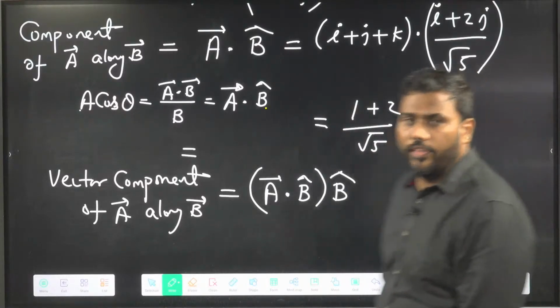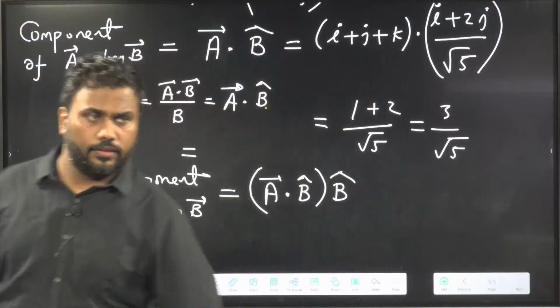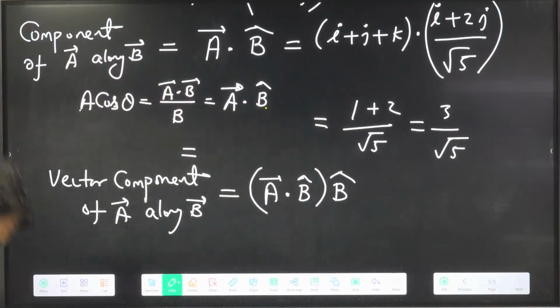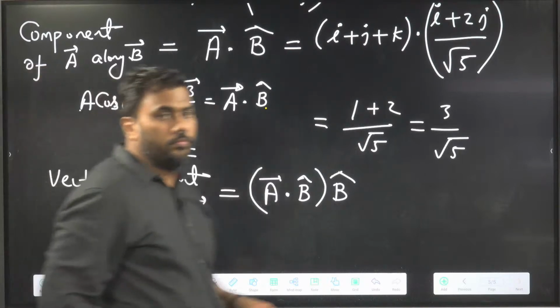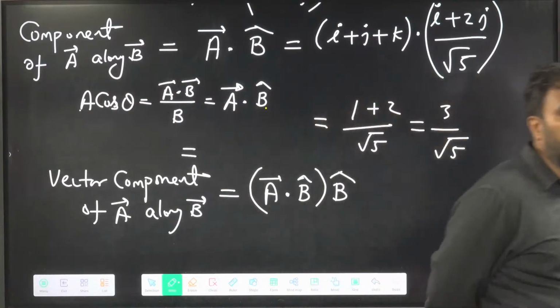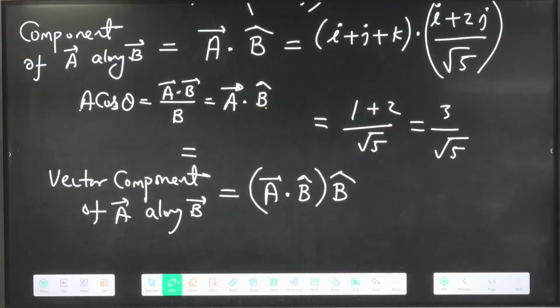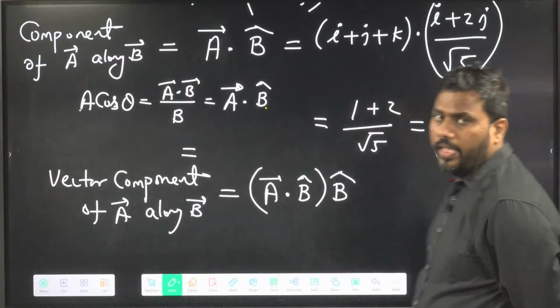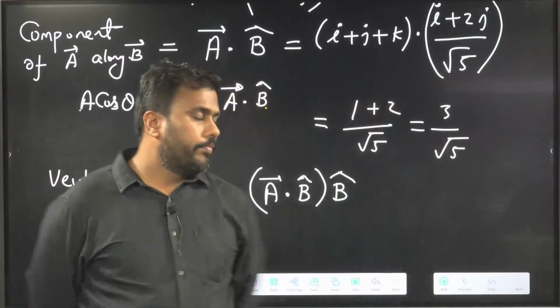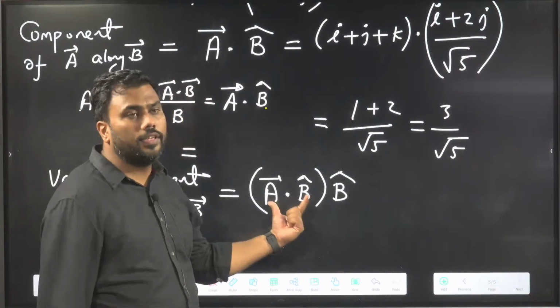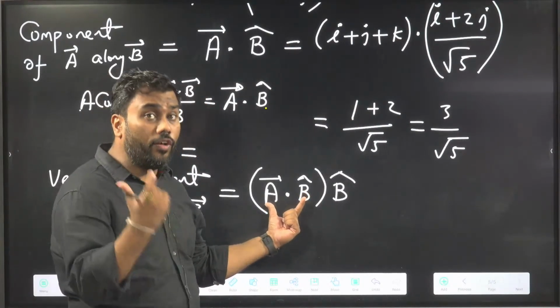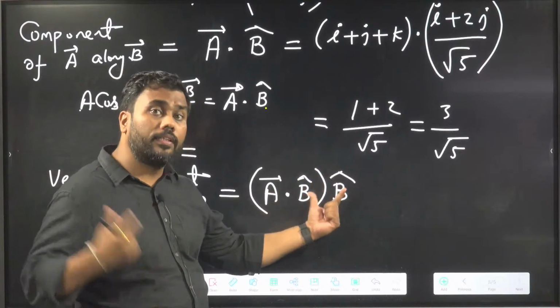Note this formula. We have not covered this formula in the previous class. A vector dot B cap gives you the magnitude of the component, times B cap gives you the vector.